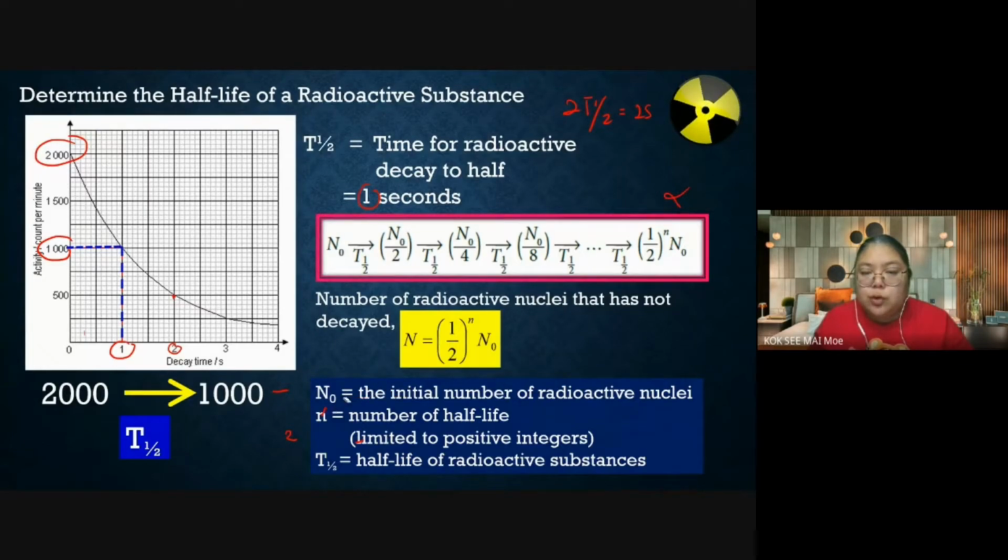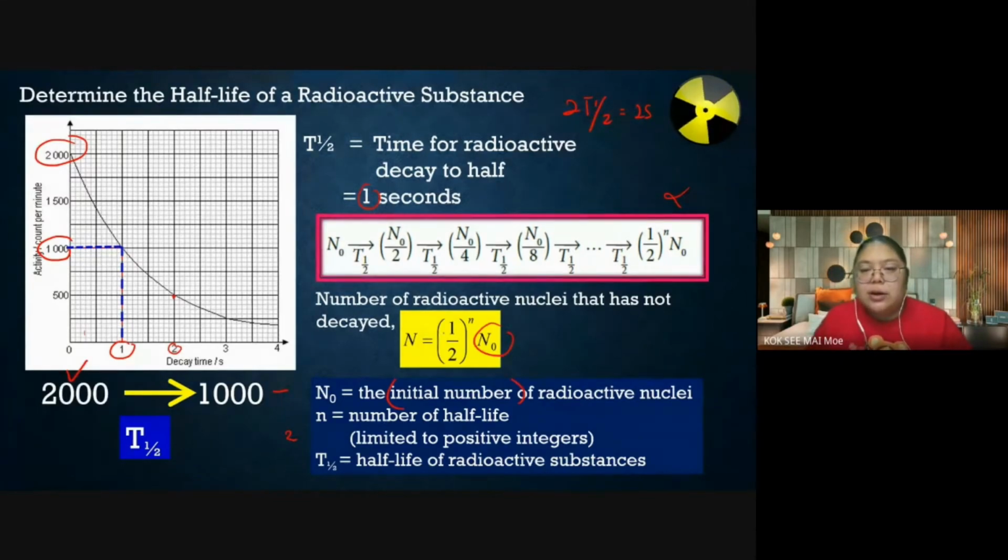You also need to know what's the physical quantity for every alphabet here. You cannot say, I don't want to use the formula, I don't need to memorize. We still need to know. N0, what is that? N0 is the original initial number of the radioactive nuclei, meaning 2000. 2000 is the original.